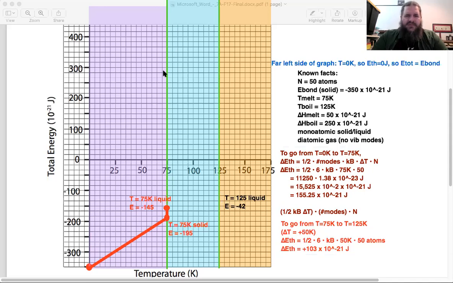So we now reach negative 42. It's going to be something like this. And there's our transition. And note that that has the same slope as before. We haven't really changed any of the properties that are important for delta E thermal. So it still has the same heat capacity and therefore the same slope. We've now reached 125. And what's the next thing that happens?